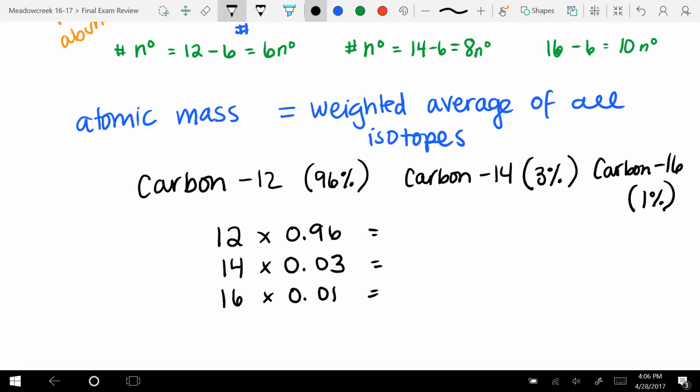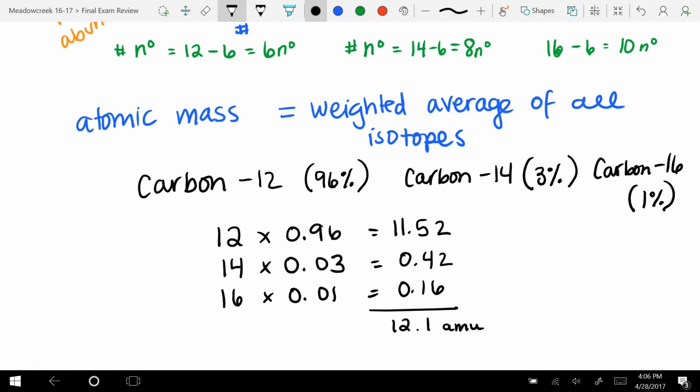So if we take our calculators out, 12 times 0.96 is equal to 11.52. 14 times 0.03 is equal to 0.42, and 16 times 0.01 is going to give you 0.16. And then we add them all together: 11.52 plus 0.42 plus 0.16, we get 12.1 AMU, atomic mass units.